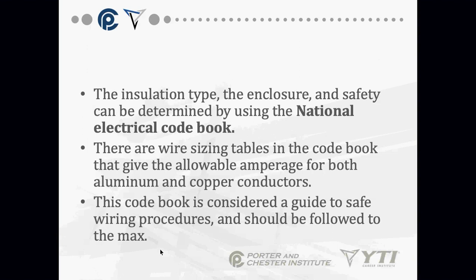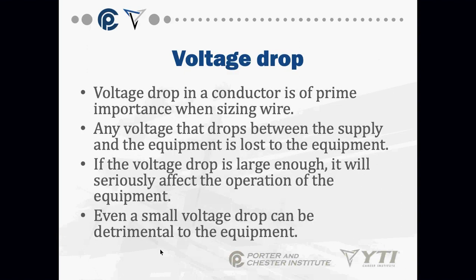That building official is going to shut down the job, because you cannot avoid following the NEC. Just because you're HVAC and you follow the International Mechanical Code and International Residential Codes, you cannot avoid following the NEC.